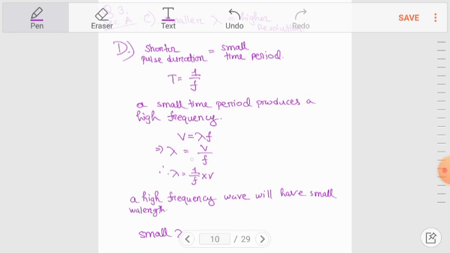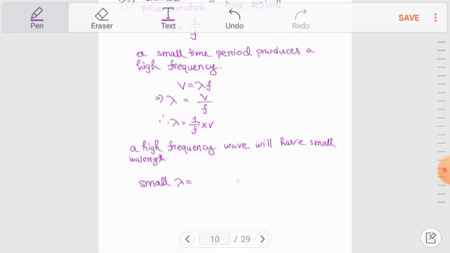According to the equation lambda equals v over f, a wave with a high frequency will certainly produce a small wavelength, and a smaller wavelength will give an image with high resolution. So in that case option D is the correct answer.